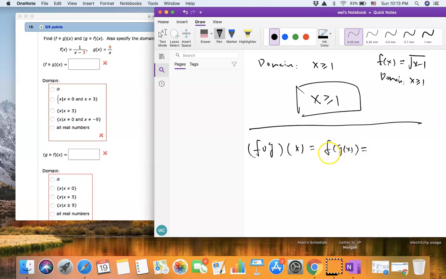So f of g of x is 1 over g of x minus 3, because f of x is 1 over x minus 3. So that's why f of g of x is 1 over g of x minus 3. And g of x, we know g of x is 9 over x.